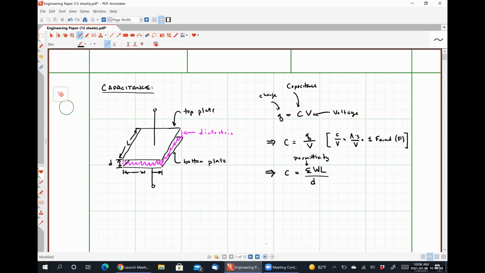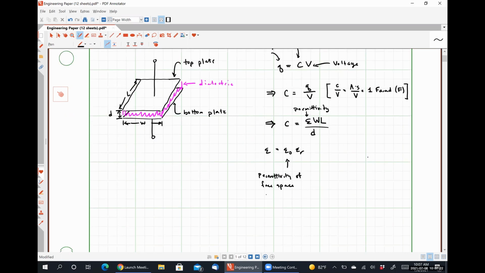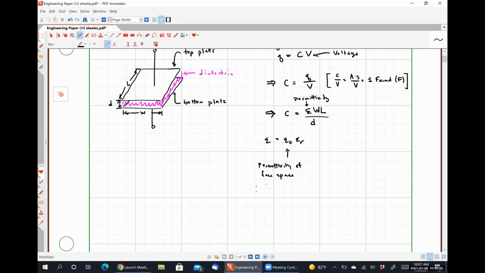The material property which influences capacitance is the permittivity, epsilon, right here. So epsilon is really epsilon naught times epsilon r, where epsilon naught is the permittivity of free space, and it has a value of 8.854 times 10 to the minus 12 farads per meter.